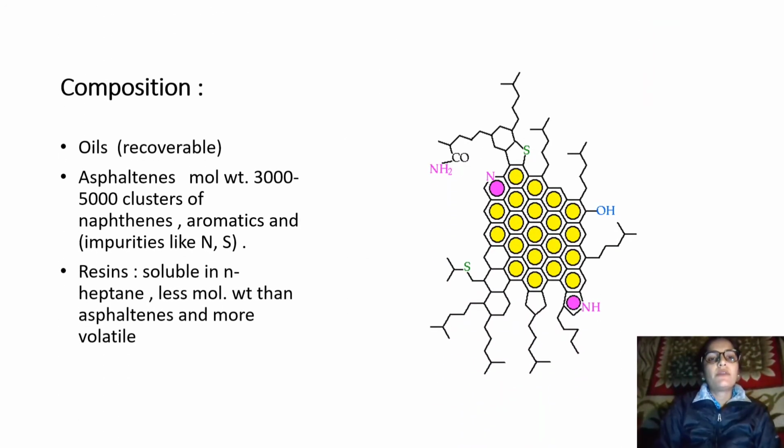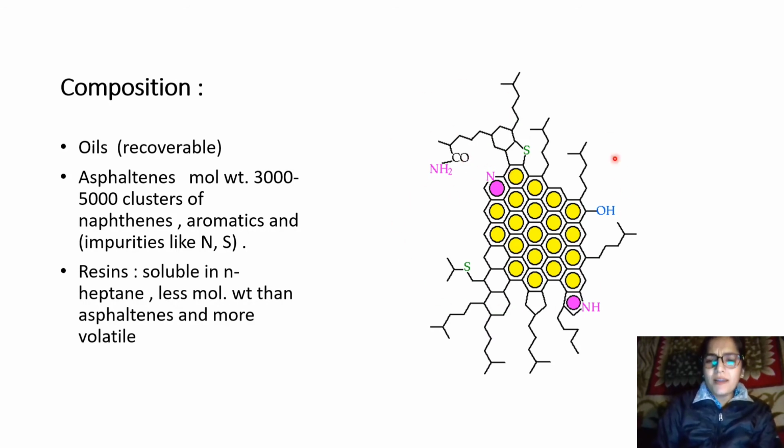now we will study the composition of this vacuum residue, or VR. In VR, some amount of recoverable oil is also there, and the rest is asphaltenes and resins. So what are asphaltenes? Asphaltenes are very large clusters of naphthenes and aromatics, and they also contain impurities like sulfur, nitrogen, ammonia.